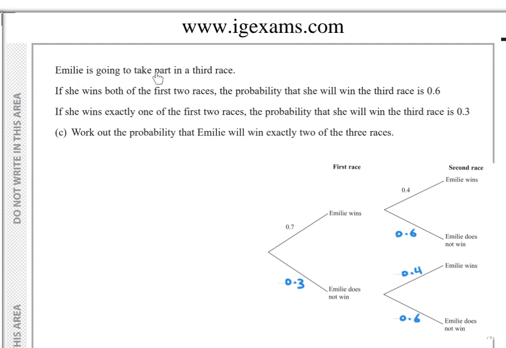Emily is going to take part in a 3rd race. If she wins both of the first 2 races, the probability that she will win the 3rd race is 0.6. If she wins exactly one of the first 2 races, the probability that she will win the 3rd race is 0.3. Work out the probability that Emily will win exactly 2 of the 3 races.